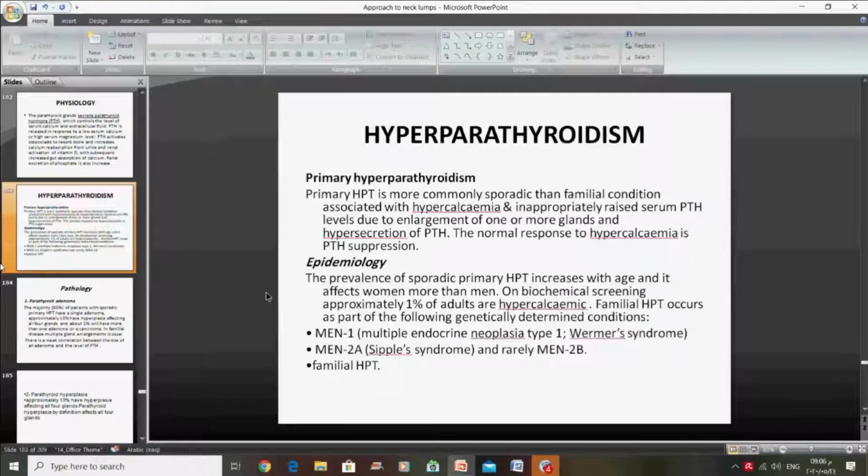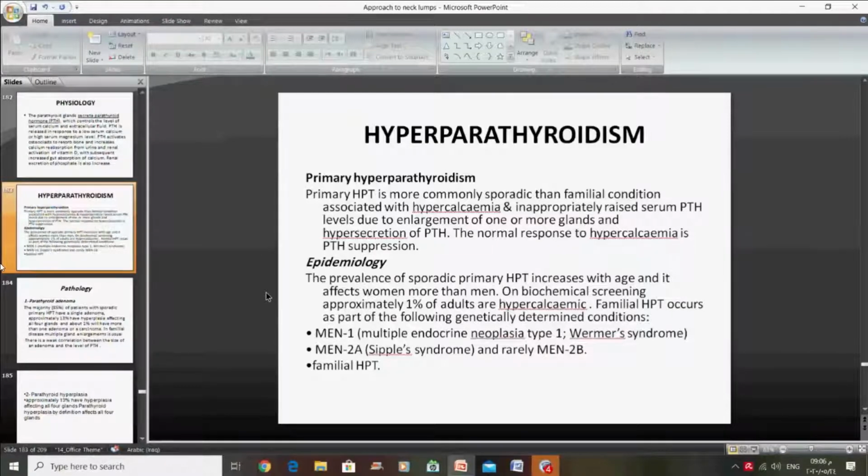The prevalence of sporadic primary hyperparathyroidism increases with age, women more than men. Familial hyperparathyroidism occurs as a part of the following genetically determined conditions: multiple endocrine neoplasia type 1 and multiple endocrine neoplasia type 2A.